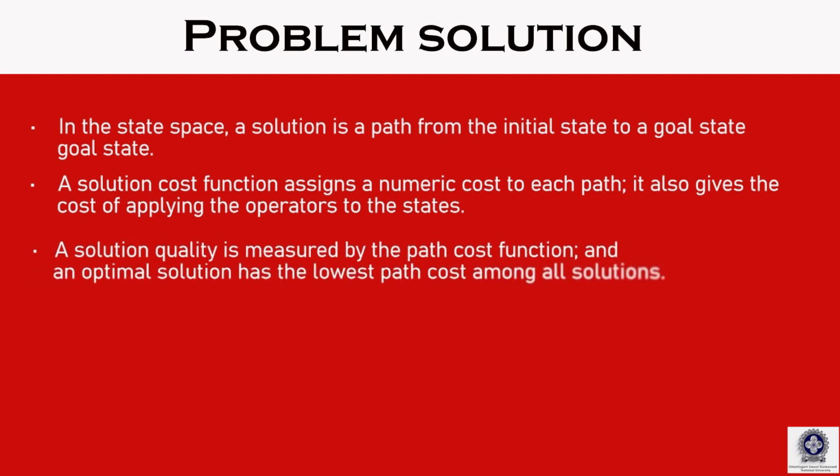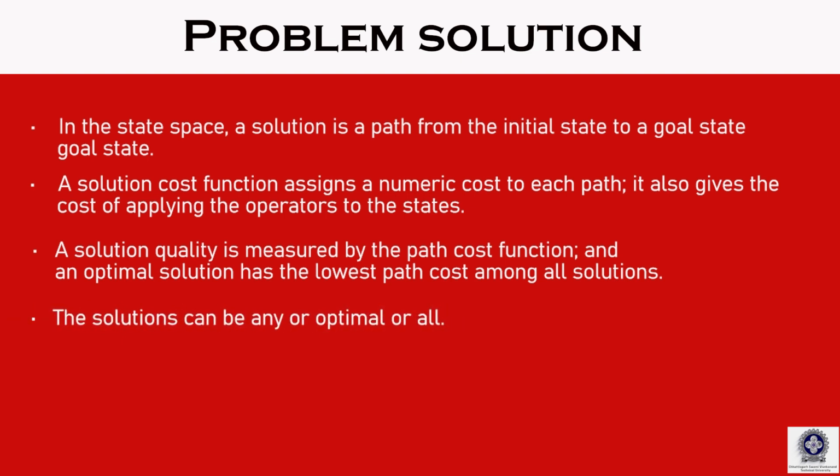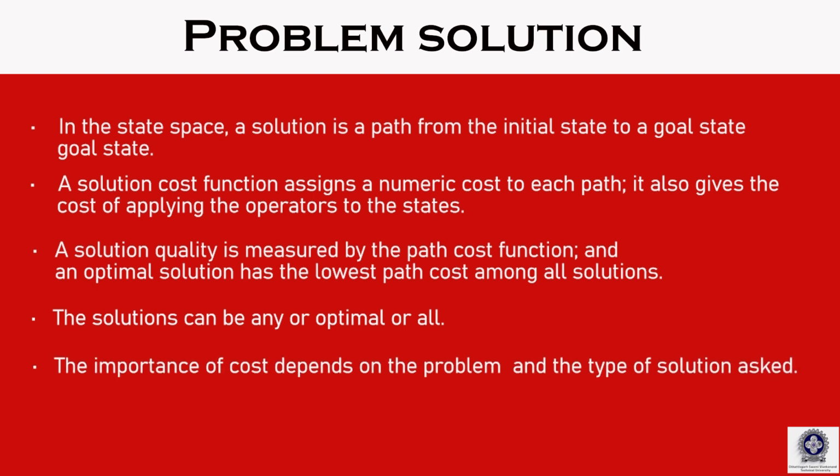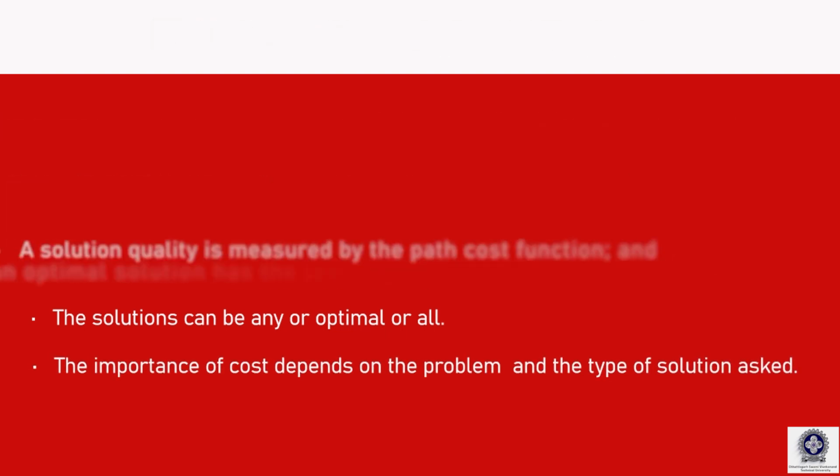Solution quality is measured by the path cost function, and an optimal solution has the lowest path cost amongst all solutions. The solutions can be any, optimal, or all. The importance of cost depends on the problem and the type of solution asked.